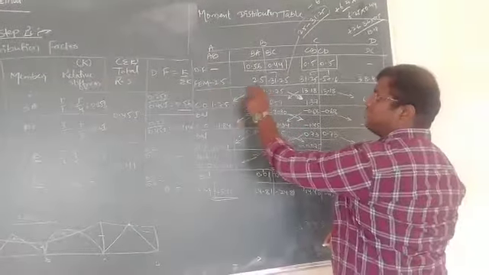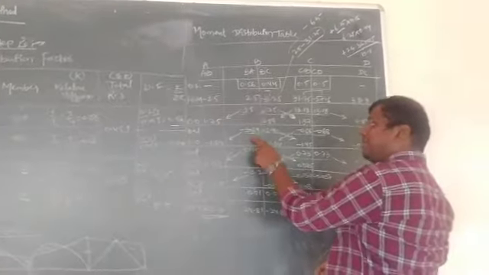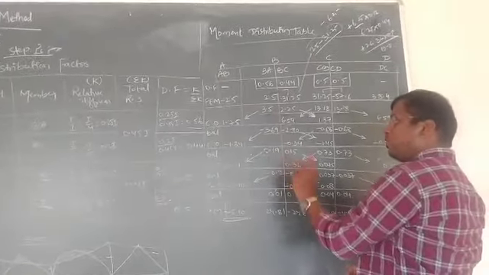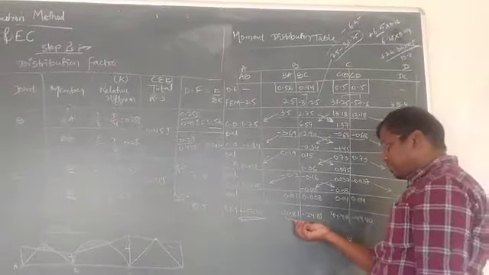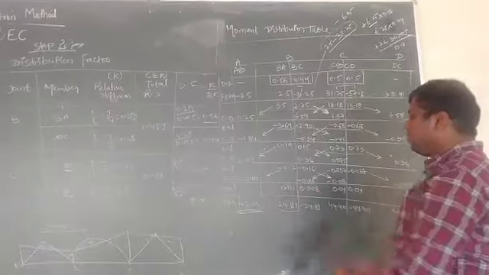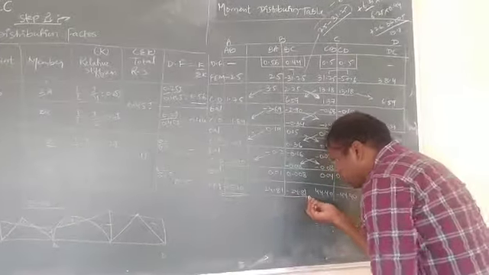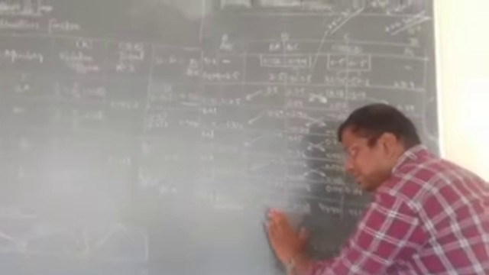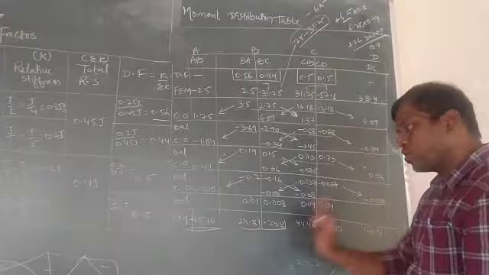Starting with the fixed end moment, we need to add 25 plus 3.5 minus 3.369 plus 0.19 minus 0.2 plus 0.01. You just add the column, you will get these values. Just check the values. If these two values are the same with opposite sign, then your answer is right. If you are not going to get this answer, that is wrong.